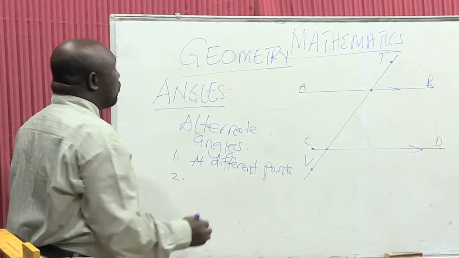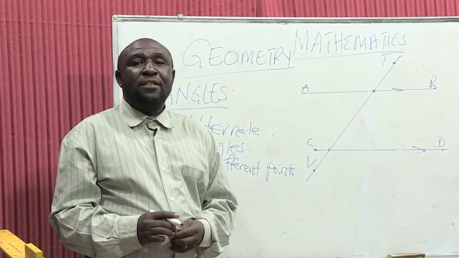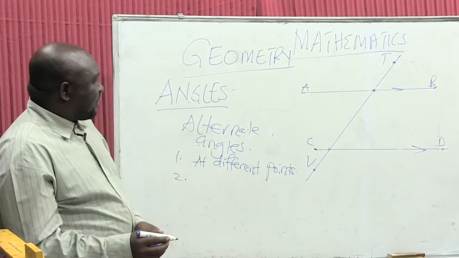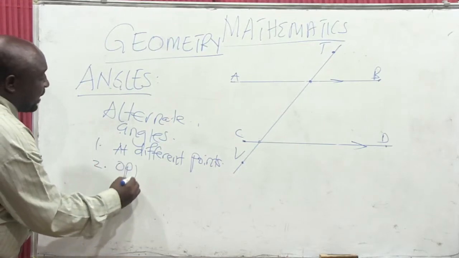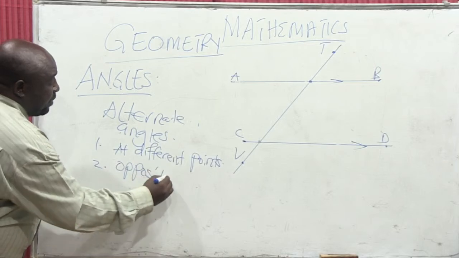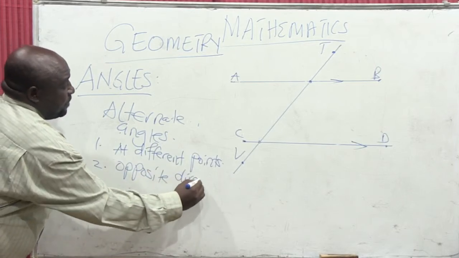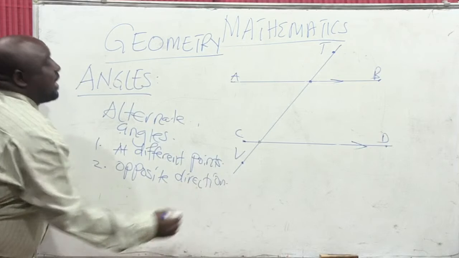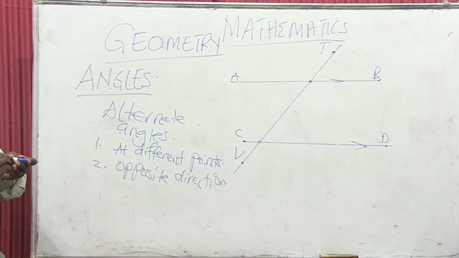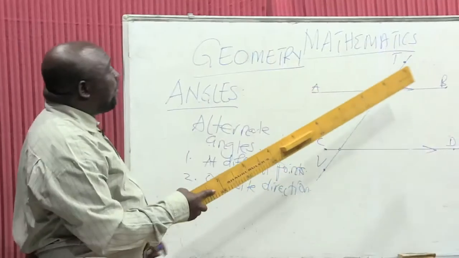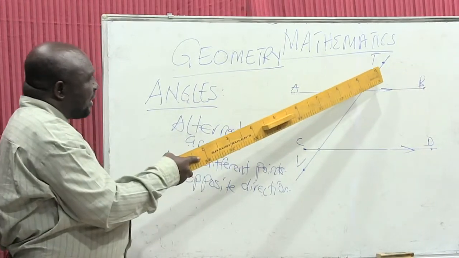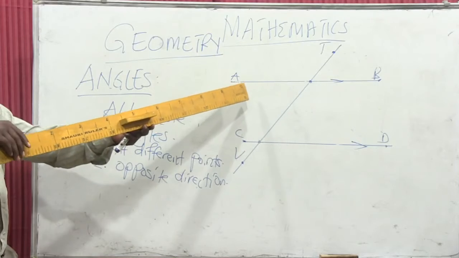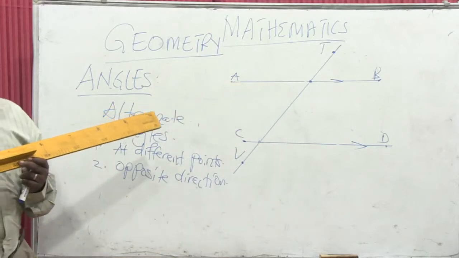Feature number two for alternate angles: they look in opposite directions. For example, one angle is looking in that direction, another will be looking in a different direction.